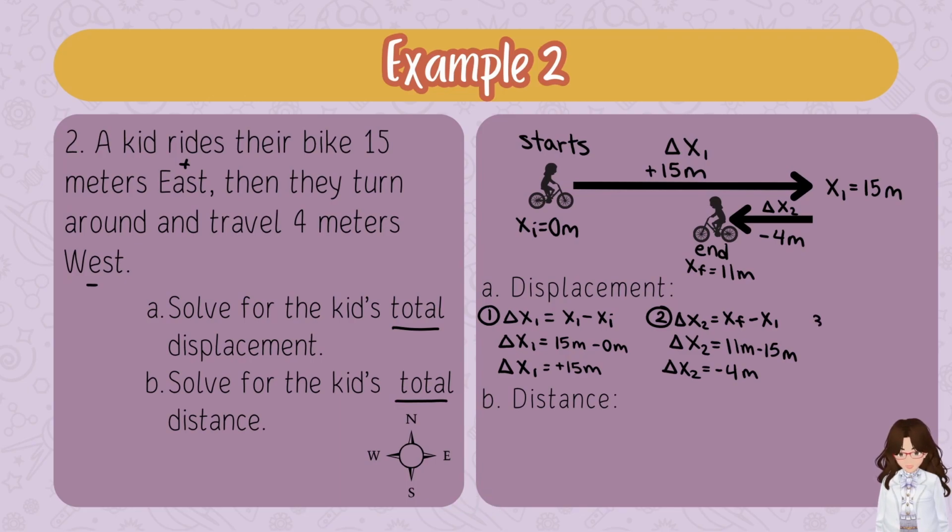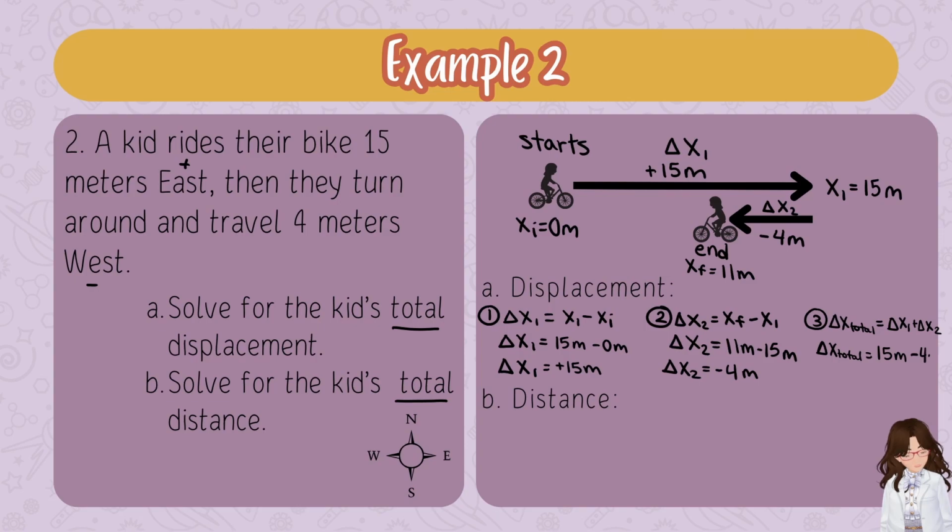And our last step is going to be step 3, which is to get the total displacement. So that's going to be adding the 2 parts together. So we have our displacement from path 1 plus our displacement from path 2. In this case, our total is going to be equal to 15 meters plus negative 4 meters.